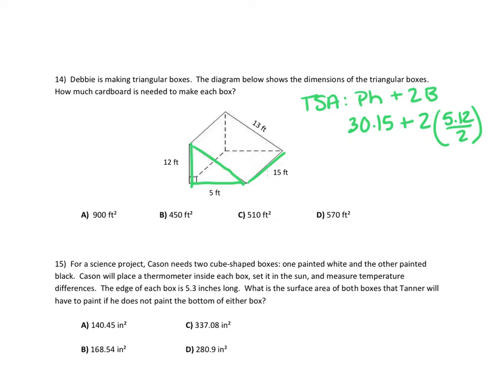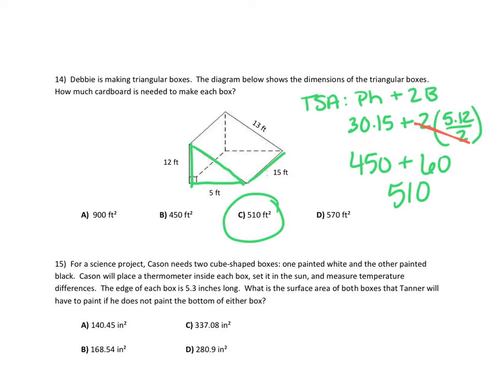So that's what it should look like if it's set up all the way normal. Now, I told you the other day, times 2 and divide by 2 cancel each other, right? So we're going to just do 30 times 15, which is 450, plus 5 times 12, which is 60, and then you're going to get 510.